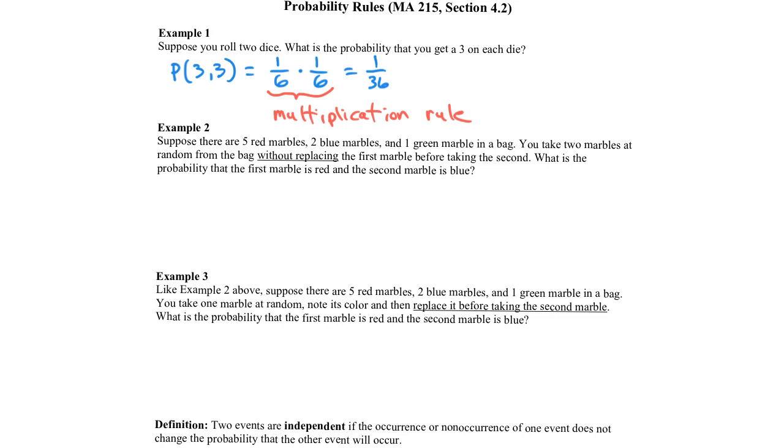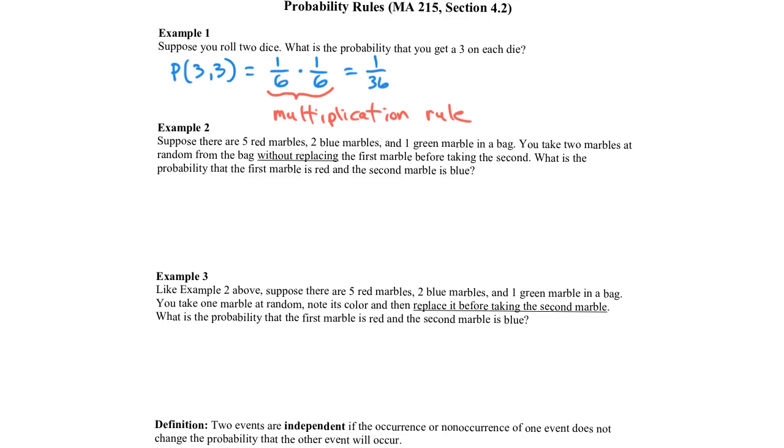So example 2, this one's going to be a little different. We've got 5 red marbles, 2 blue marbles, and 1 green marble in a bag. We're going to take 2 marbles at random from the bag without replacing the first marble before taking the second. So we're not going to replace it. So this is called sampling without replacement.